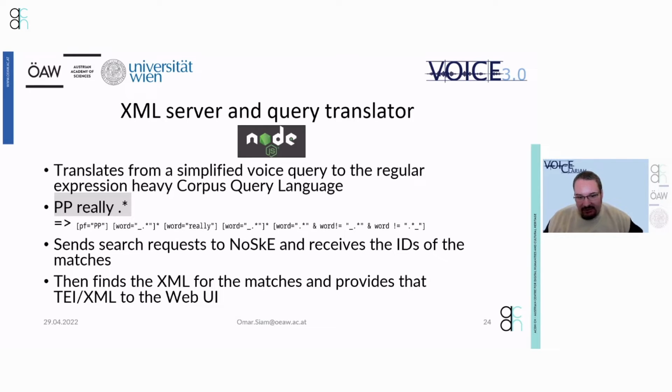We use Node.js to have the XML on the server and deliver that. Now, Node.js is by no means an XML database, but the only kind of XML query we need to answer is which snippet of TEI-XML contains the XML IDs returned by NoSketch Engine. With a little pre-processing, this is an easy task in JavaScript.